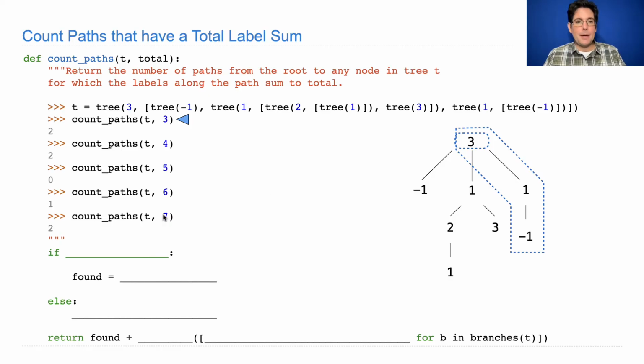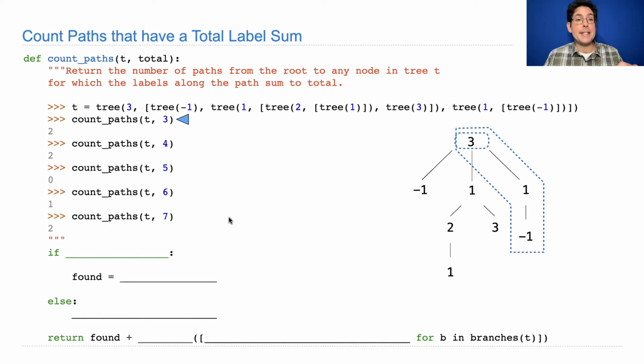Here we go. The return statement here says I've found some number of paths, and then I need to add up some recursive sum about the other paths that I've found. How might we come up with a solution to this problem using recursion that has that structure? Well, here's one way to do it. We'll consider 2 cases.